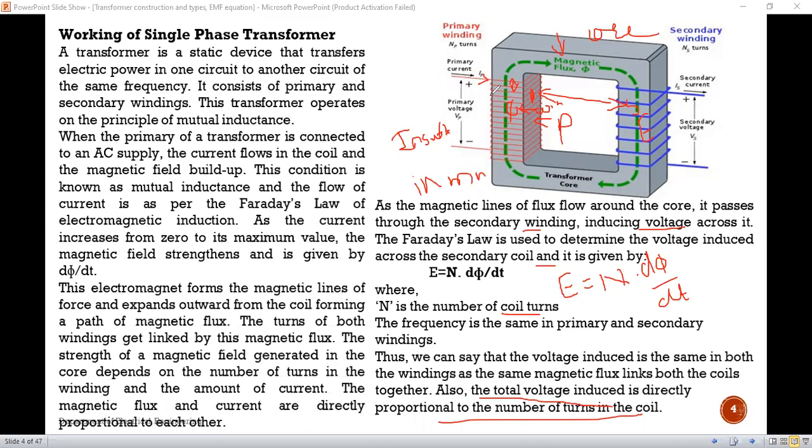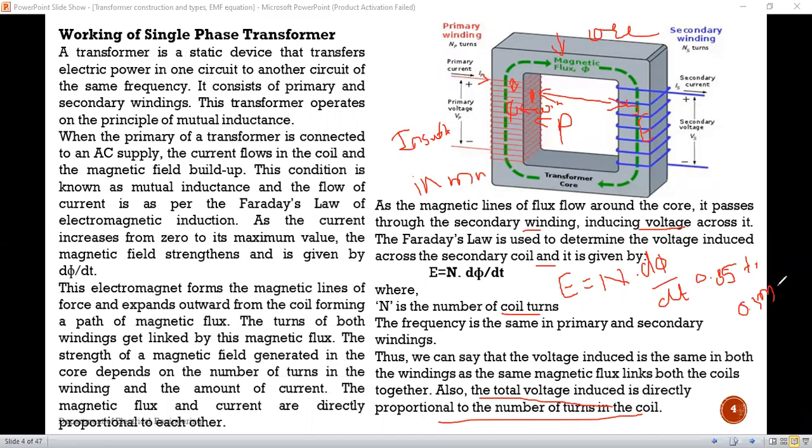The lamination we use in the strip has a thickness of 0.35 to 0.5 mm, that means a very thin amount of lamination is used. If the lamination is thin, then the eddy current loss will be reduced, and if the lamination is thick, then the loss will increase.